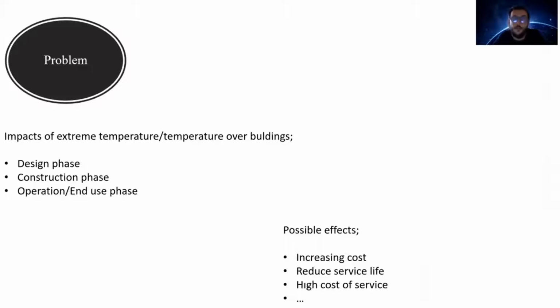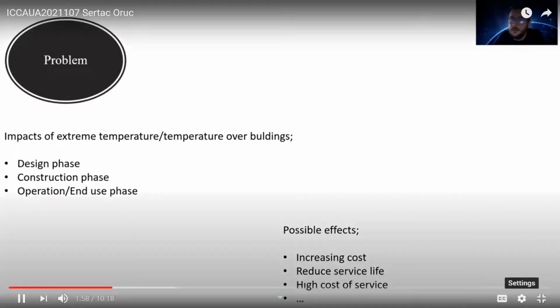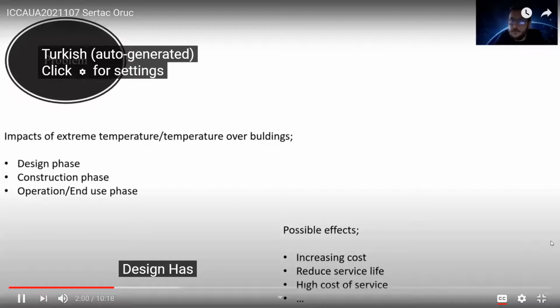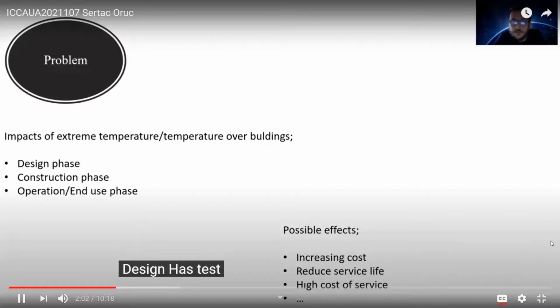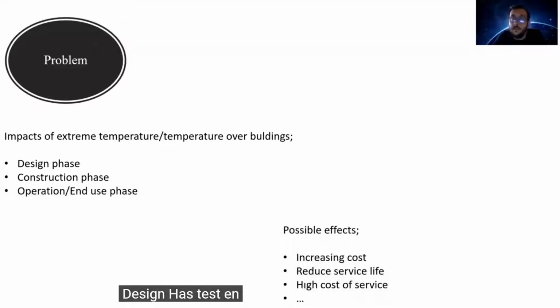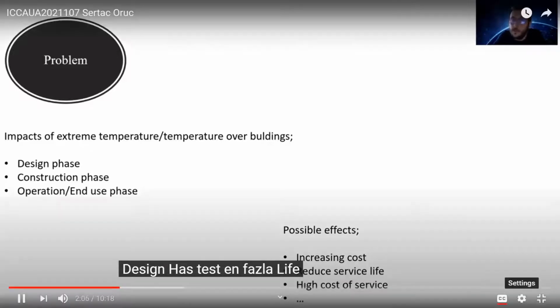For instance, in the design or construction phase, we use temperature as an input for our design or construction. The coldest days or the hottest days can cause delays or increasing costs.